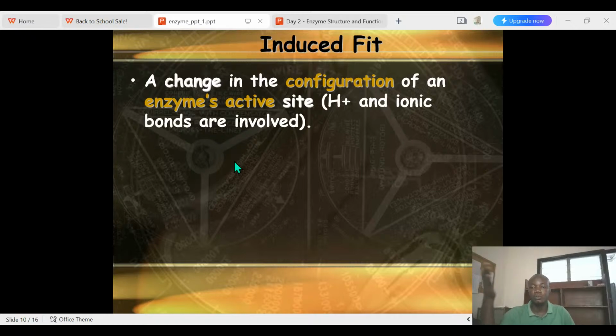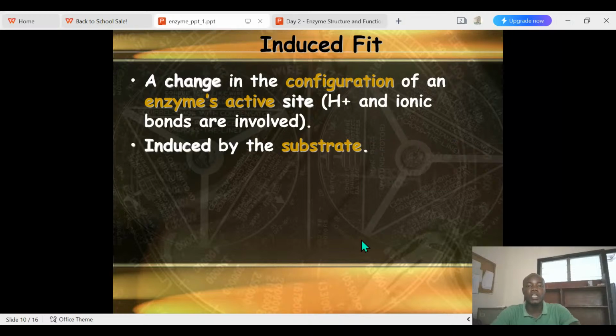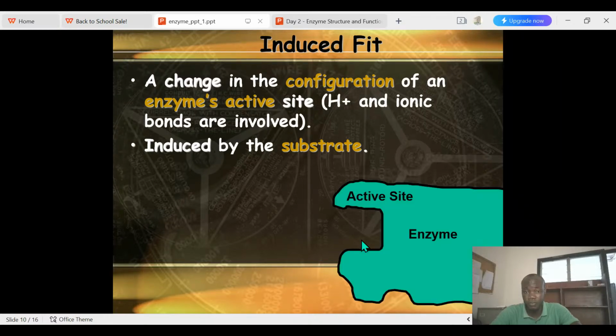So the enzymes are not complementary to the substrates. The induced fit model means that the change in the configuration of the active site of the enzyme is induced by the substrate.